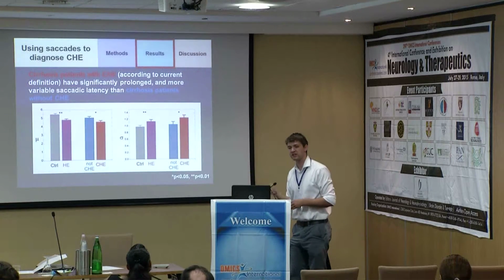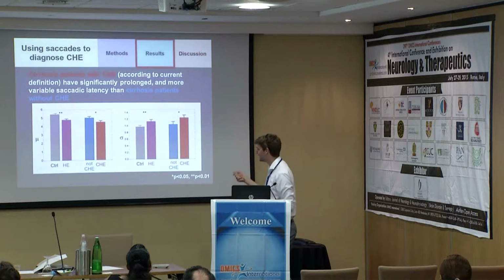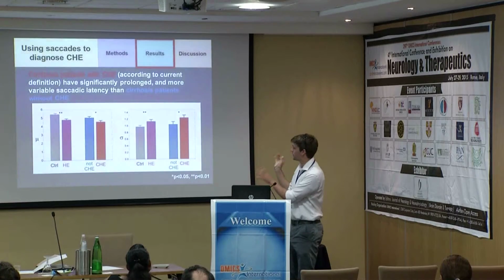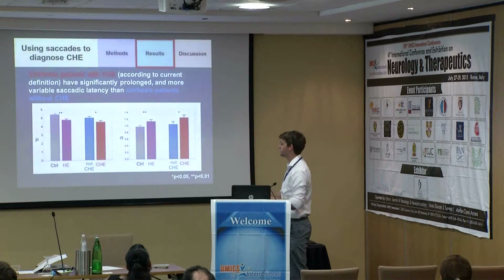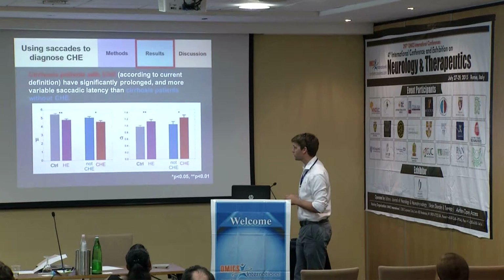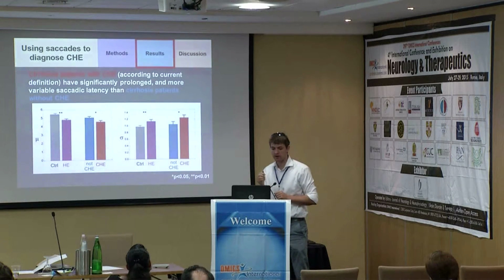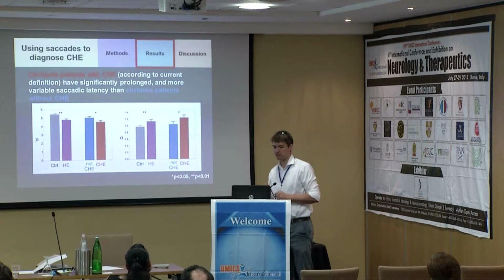And again, your saccadic latency tends to be longer if you have covert hepatic encephalopathy as opposed to not having it. So if we use the psychometric tests to subdivide our cirrhosis patients into covert and non-covert hepatic encephalopathy, we see that the patients with CHE actually have prolonged saccadic latency.